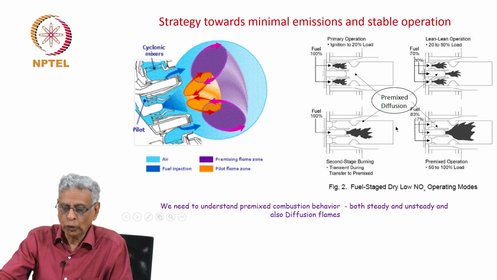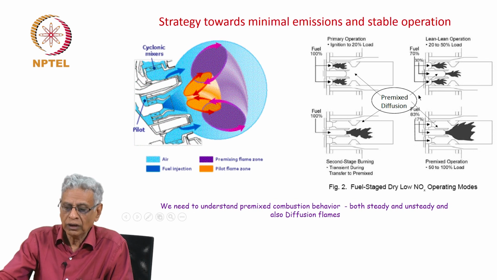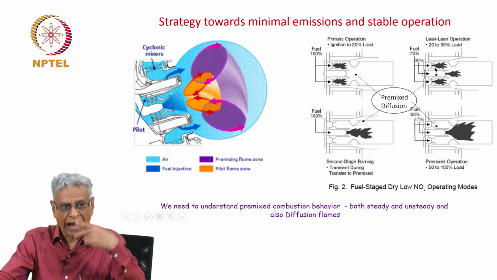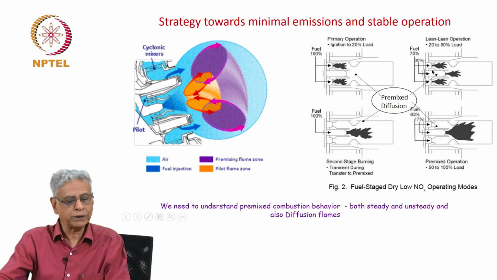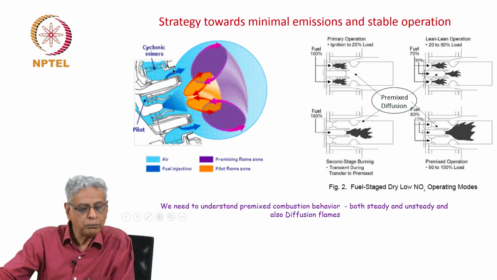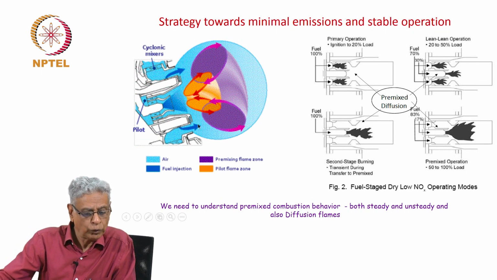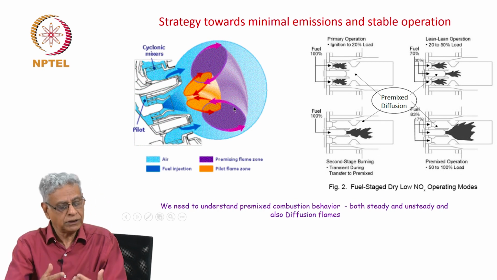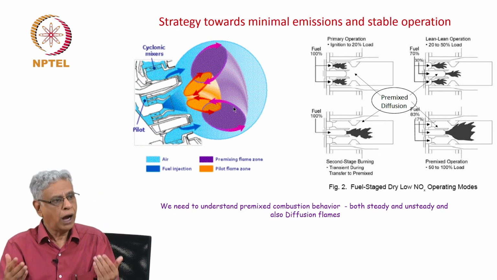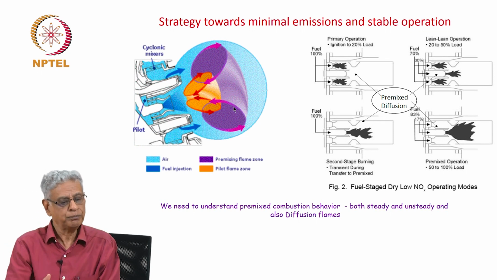Okay. So, you have central zone which is diffusion, and the two side annular spaces which are premixed. So, the combustion process here is pilot flame zone, which is essentially diffusion, and you have premixing zone, which is the premixed combustion zone. So, the overlap of this is what gives you the high performance and low emissions.